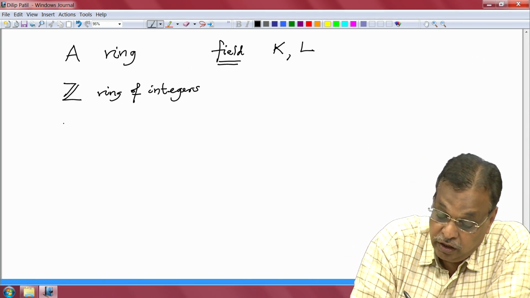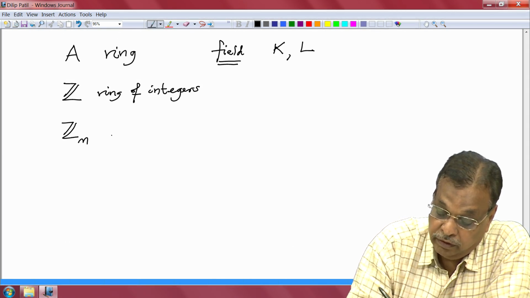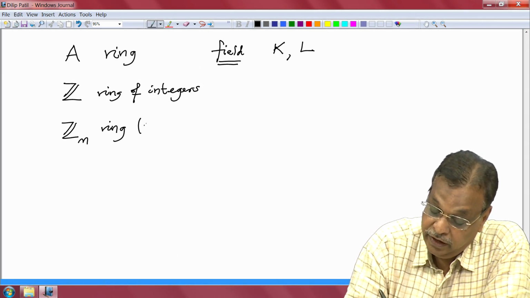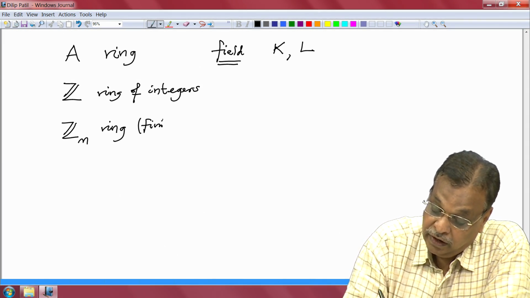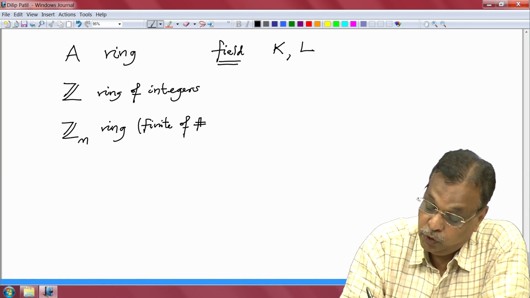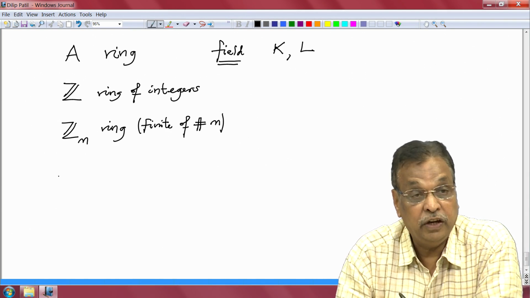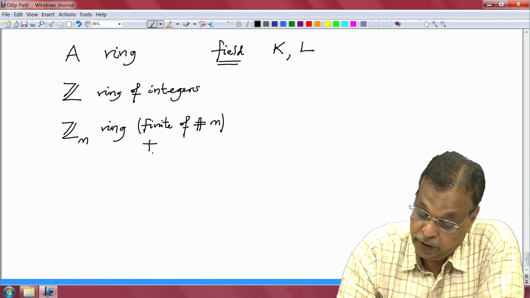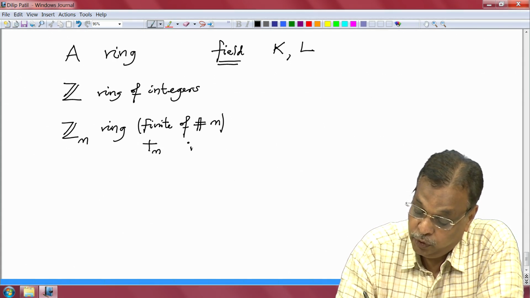Another typical example we will keep using is Z modulo n. This is also a ring. This is a finite ring, of cardinality equal to n. It is in general commutative. The operations are addition modulo n and multiplication modulo n.